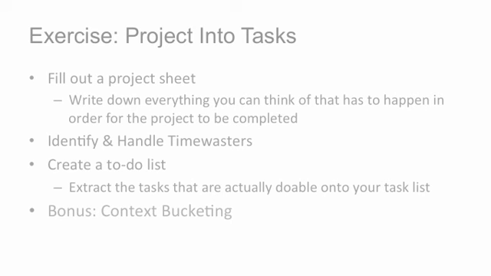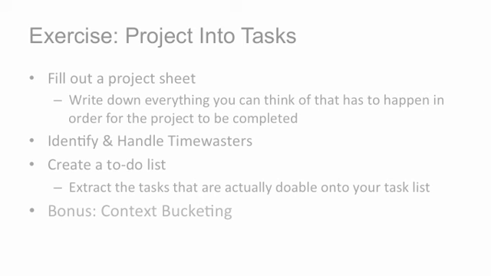Take your list and create a to-do list. Now this is very important. The project list that you just created is not a to-do list. And that's because a lot of the items on your project list are not doable simply because of dependencies. For instance, let's take a personal project.